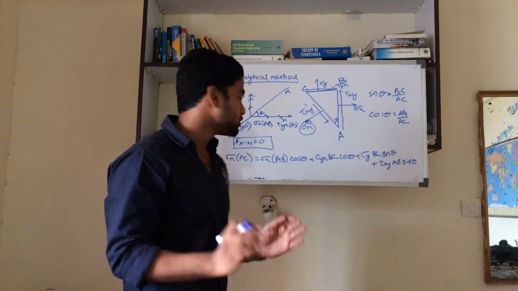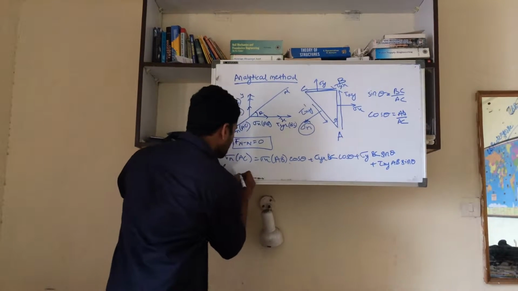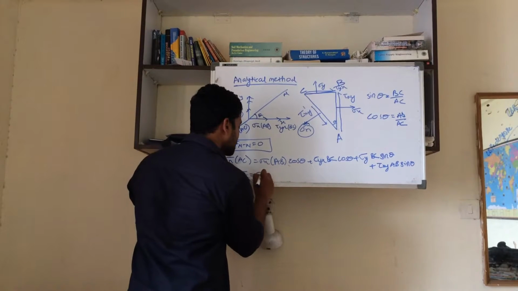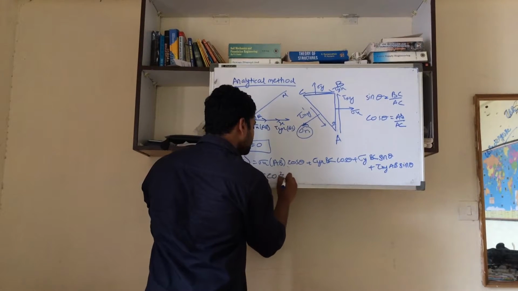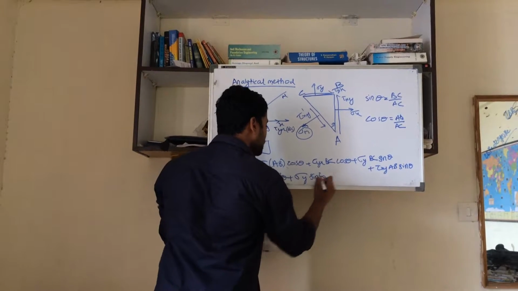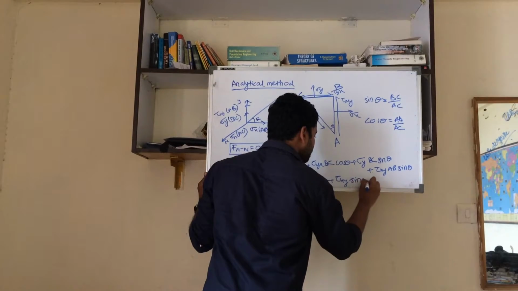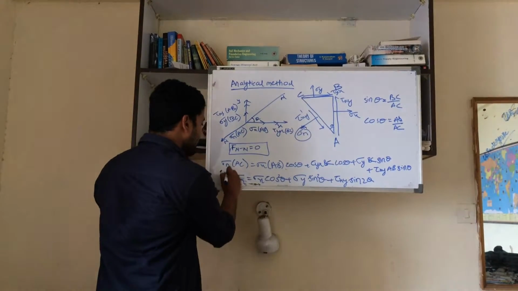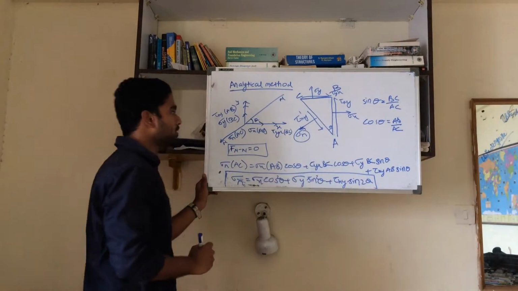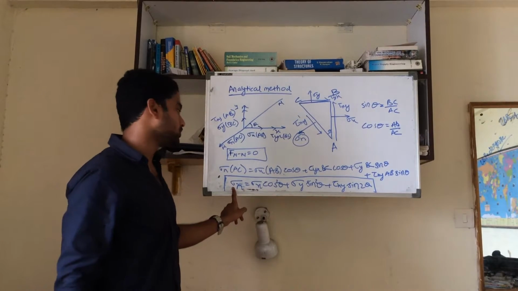If you substitute those values, the final equation for sigma n would be sigma x cos square theta plus sigma y sin square theta plus tau xy sin 2 theta. This is the final equation of the normal stress on any plane which makes an angle theta with the vertical. This is how we calculate the normal stress.